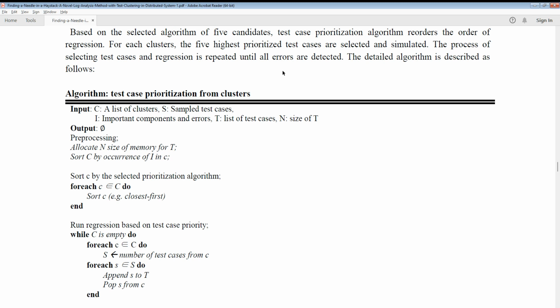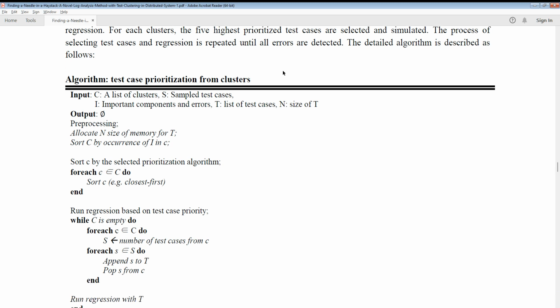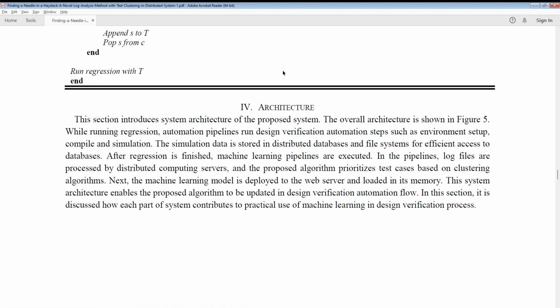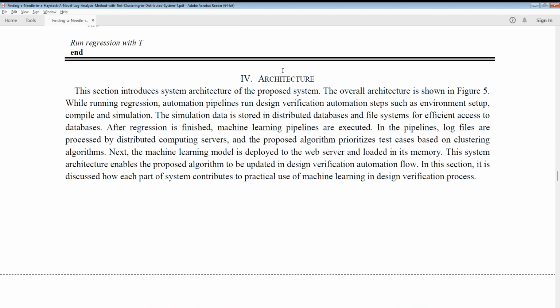Algorithm: the test case prioritization from the clusters. Chapter 4, Architecture. This section introduces the system architecture of the proposed system. The overall architecture is shown in Figure 5. While running a regression, the automation pipeline runs the design verification automation steps such as environment setup, compiler, and simulation.